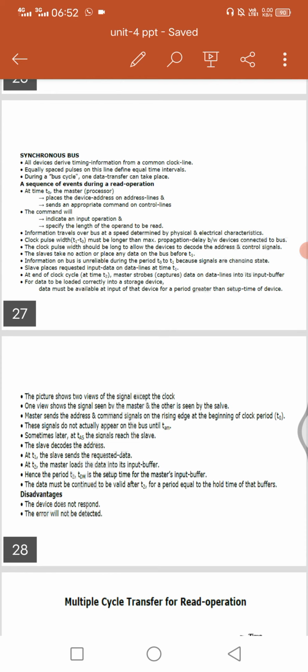The slave takes no action or places any data on the bus before t1. Without the clock pulse starting, the slave cannot do any action.